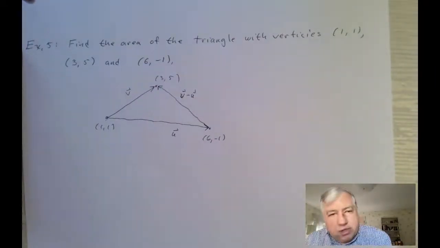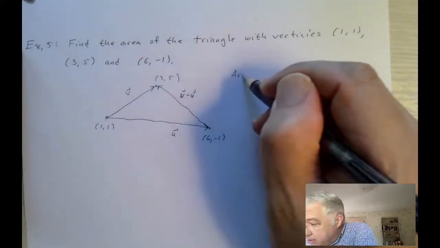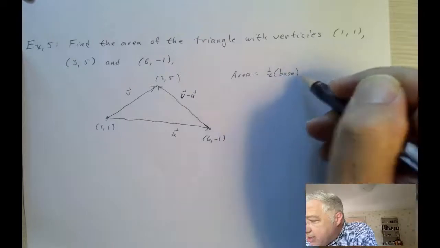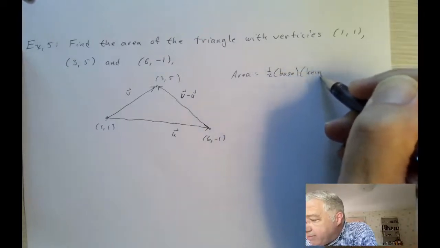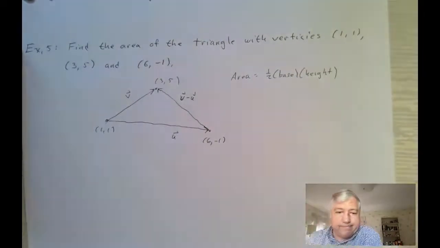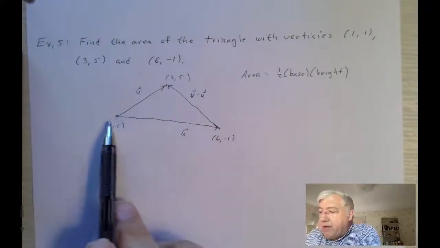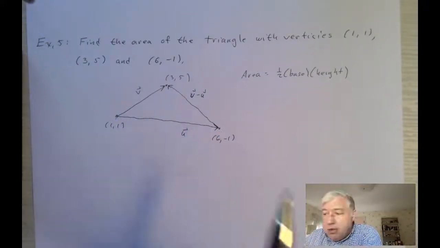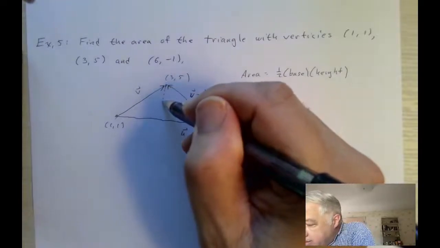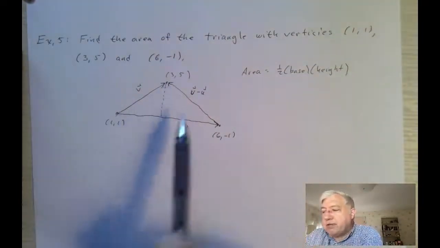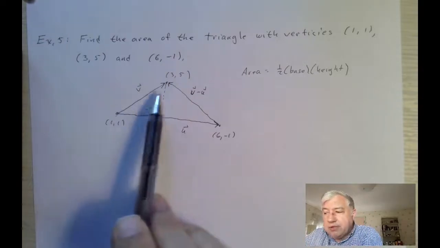Okay, so there's our triangle. Now, if you remember, the area of a triangle is 1/2 times the base times the height. Well, the base is nothing more than the length of u. And the height is actually going to be this perpendicular vector that's orthogonal to u that adds up to v.